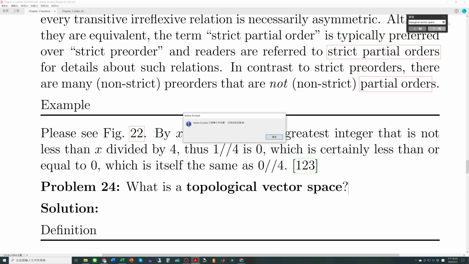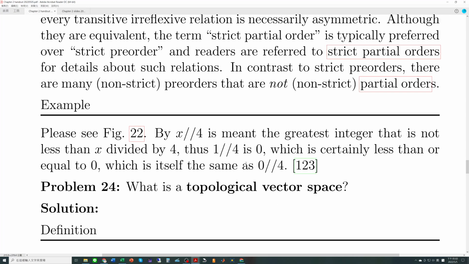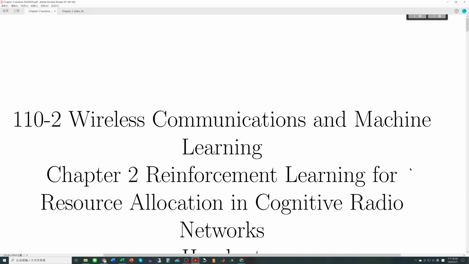Oh, it is strange. We should have another topological vector space before this one. Let us go back to page 1 and search again. Oh, it is strange. Let us search for TVS.